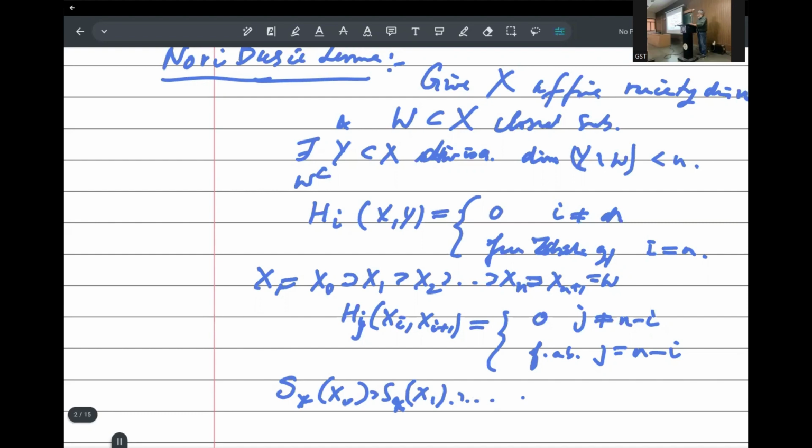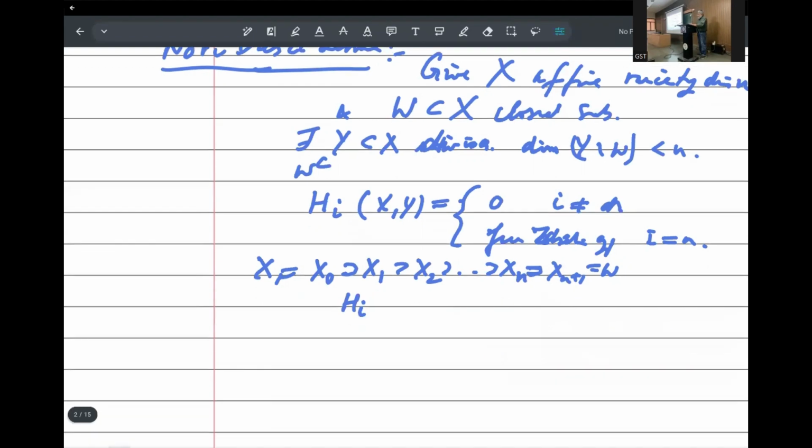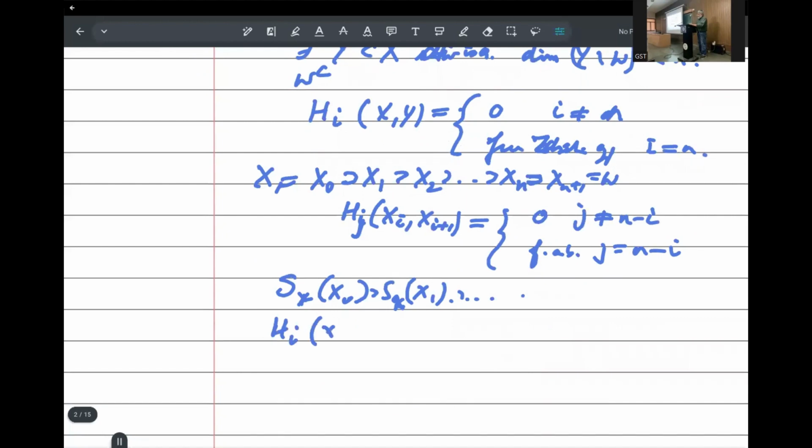Take the associated filtered complex; you can do the spectral sequence, or you can do it by bare bones, by hand, using Barr vectors. You can see that the cohomology of (X, W), H^i of (X, W), is the ith homology of the following complex.